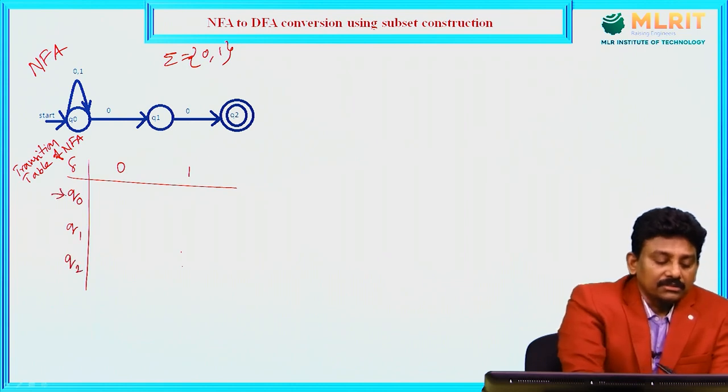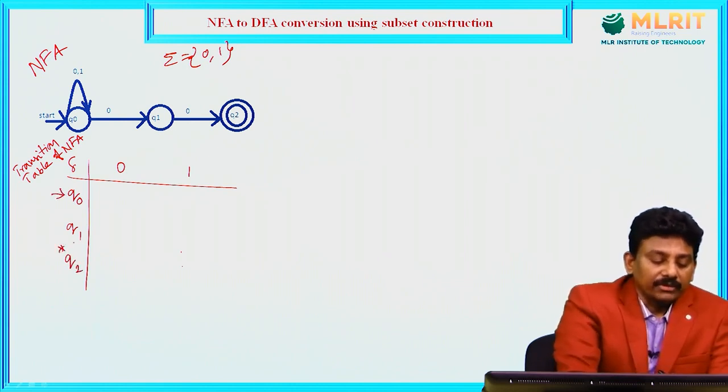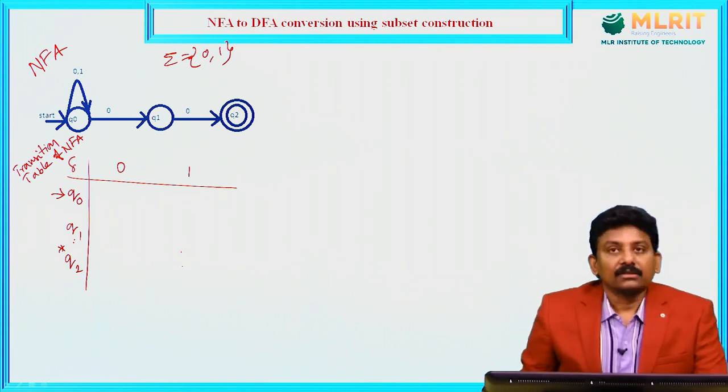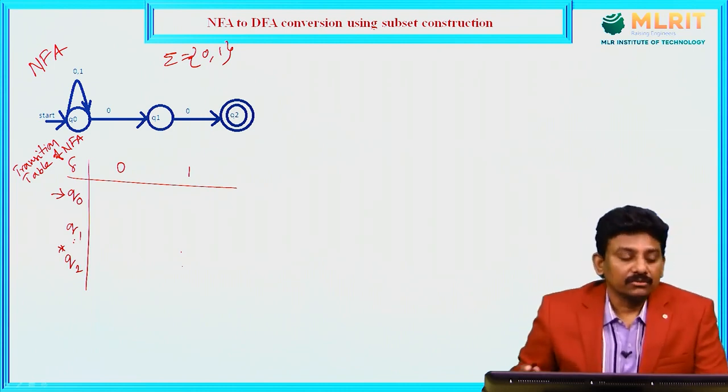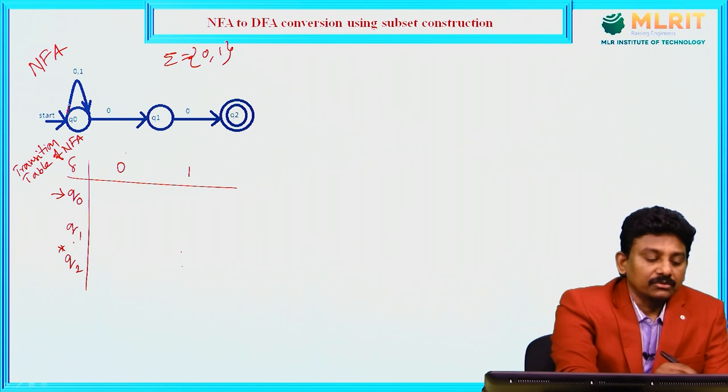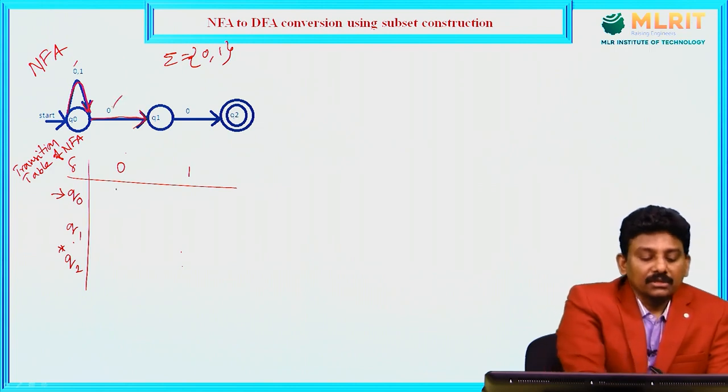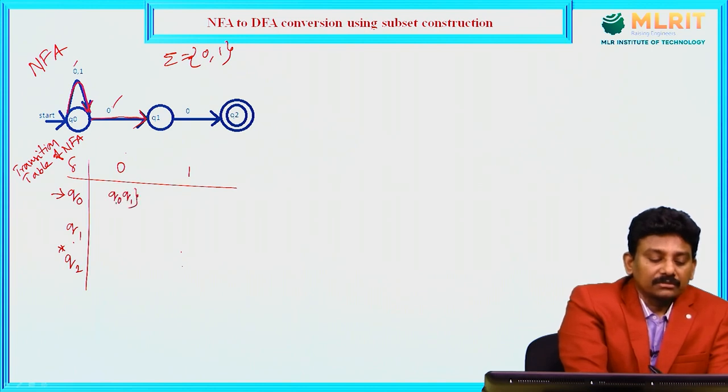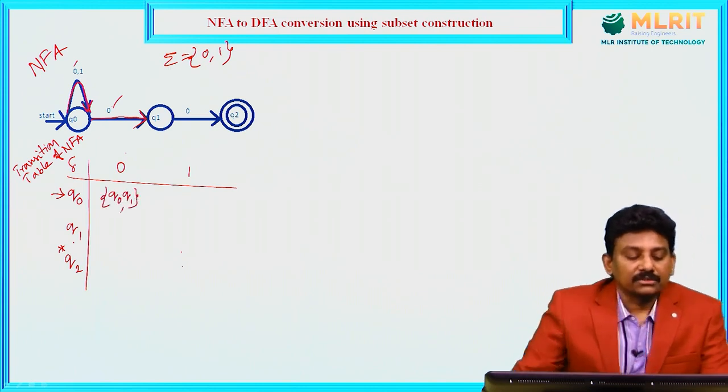Q0 is the initial state, Q2 is the final state. Then we need to fill the table. Q0 on 0 goes to Q0 as well as to Q1, so the set of two states, Q0, Q1.